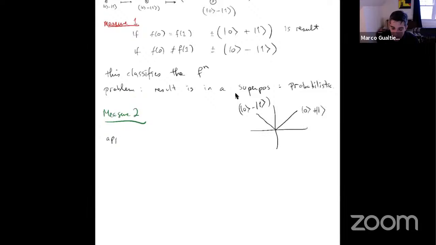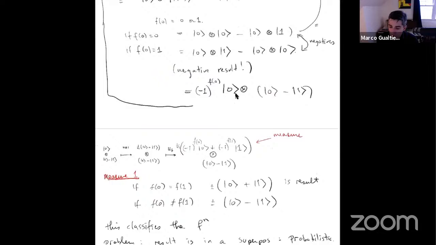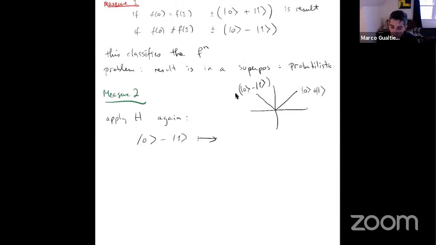So apply H again. Okay, and then 0 minus 1 would be sent to the difference of the two columns. Remember that the Hadamard looks like 1, 1, 1, minus 1.